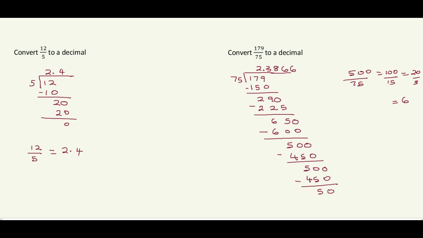So what we now have here is 179 over 75 is equal to 2.3866, because we're going to only consider the first 4 decimal places.